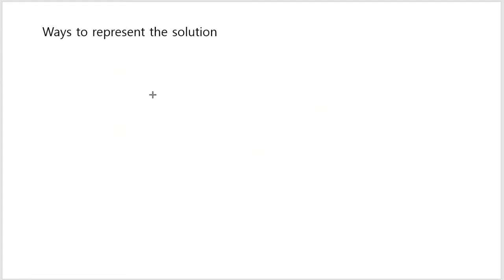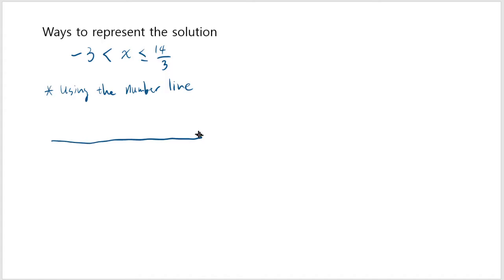Okay, now let's think about how to represent this solution. Negative 3 less than x less or equals to 14 over 5. The first method is using the number line. So you draw the number line.